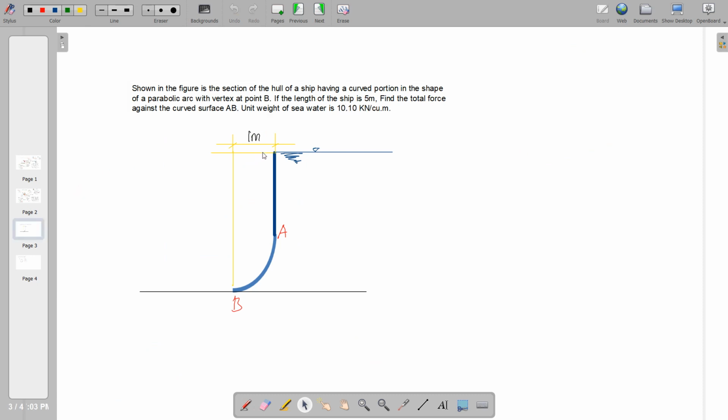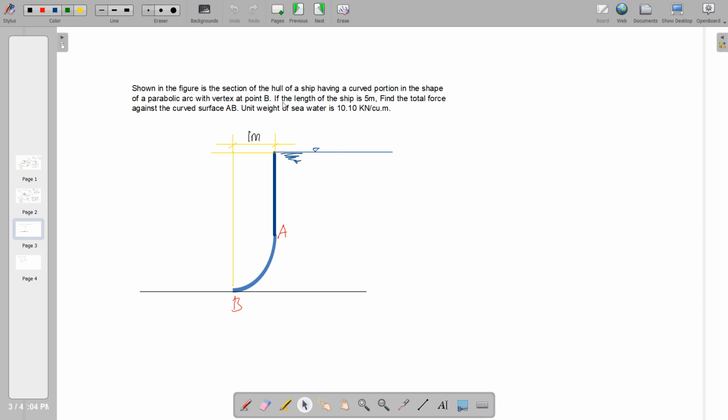Okay, next, for the second problem, shown in the figure is the section of the hull of a ship having a curved portion in the shape of a parabolic arc with vertex at point B. If the length of the ship is 5 meters, find the total force against the curved surface AB. The unit weight of seawater is 10.10 kilonewton per cubic meter.